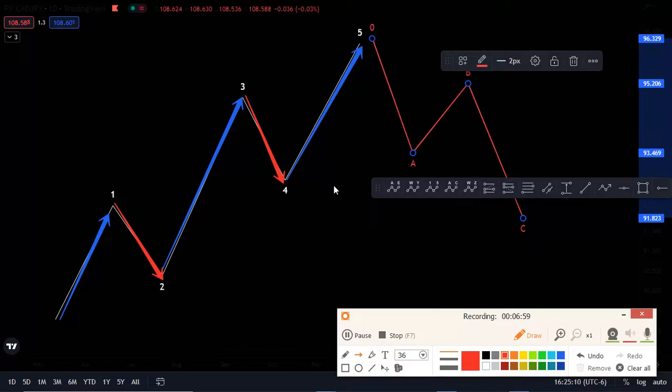What we need to get from this is that motive waves are 5-wave structures and corrective waves are 3-wave structures. By 5-wave structures, we're talking about the 5-wave pattern. By 3-wave structures, we're talking about the ABC structures. If something is the 5-wave pattern, it's under motive mode; if something is a 3-wave structure, it's under corrective mode.